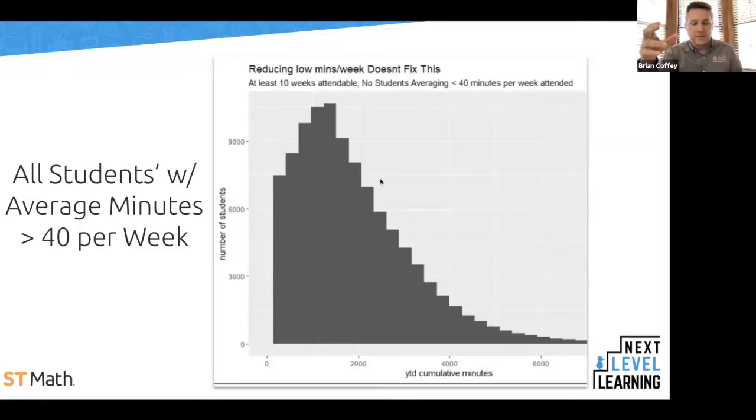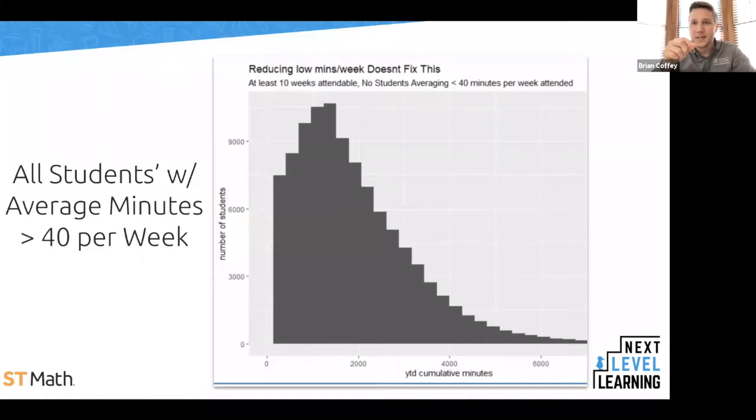Here's our next graph. Now we've aggregated to all students with average minutes of greater than 40 minutes per week. Okay, now we've aggregated that, right? This is counting students greater than 40 minutes a week. What you catch though, if you check this out, is we're still quite a bit below our target, not even close to 2,000 minutes in the given year.